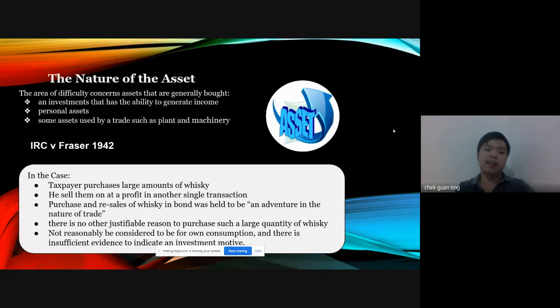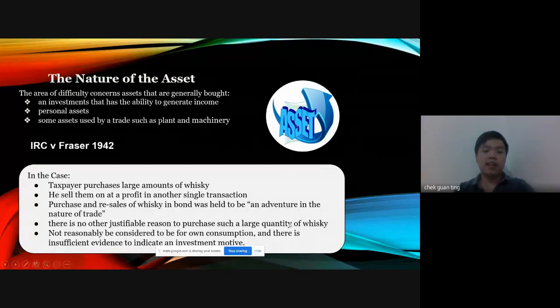Then the case in this figure is the IRC v Fraser, registered in 1942. In the case, the taxpayer purchased a large amount of whiskey, and he also sold the whiskey to get a profit in a single transaction. After purchasing and reselling the whiskey, it is also considered an adventure in the nature of trade.